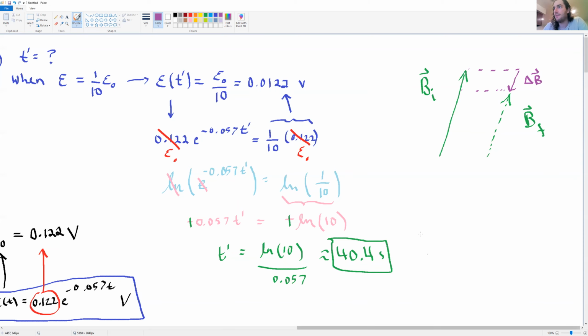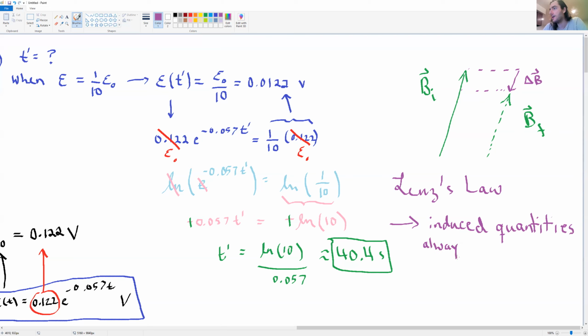Now we can make a statement about Lenz's law. So Lenz's law says that induced quantities, such as the induced EMF, or the induced magnetic field, or the induced current, or the induced electric field, induced quantities always oppose the change.